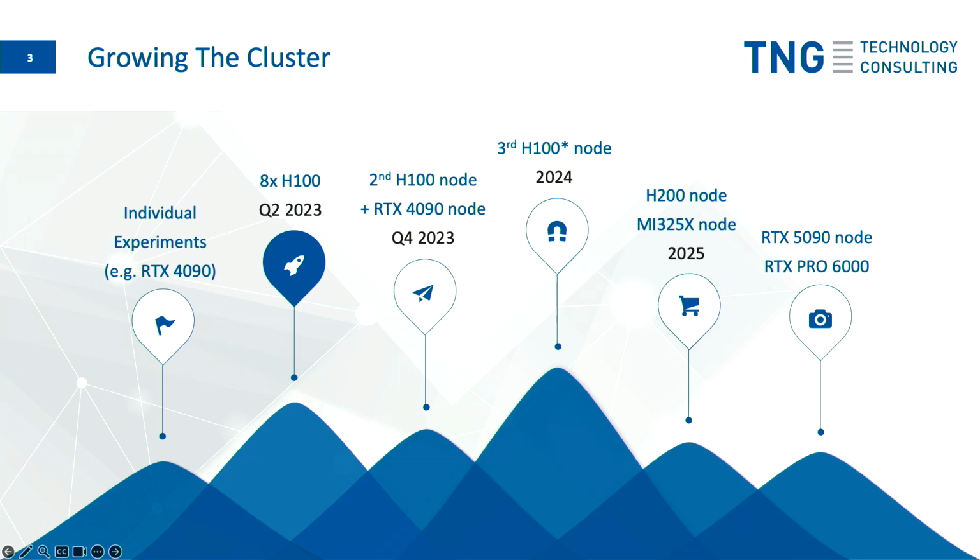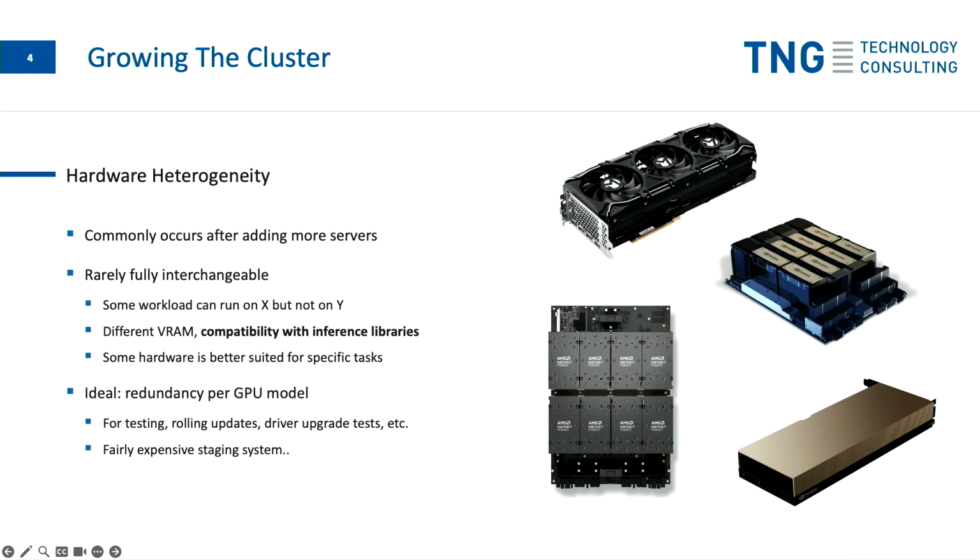There's a lot of different hardware involved, and actually, this is something that occurs almost naturally. It's hard to avoid. First of all, we want to try new stuff all the time, and we don't want to buy yesterday's GPUs, and also availability is a question. The problem that comes with it is these things are rarely fully interchangeable.